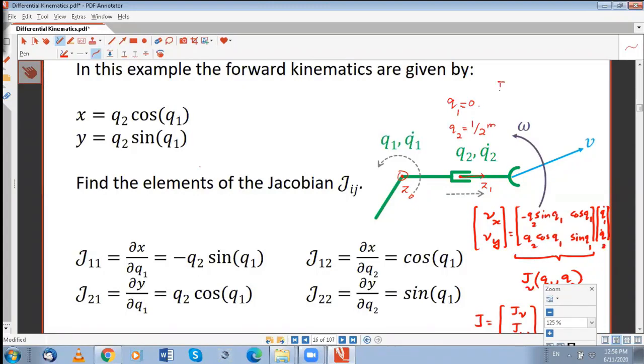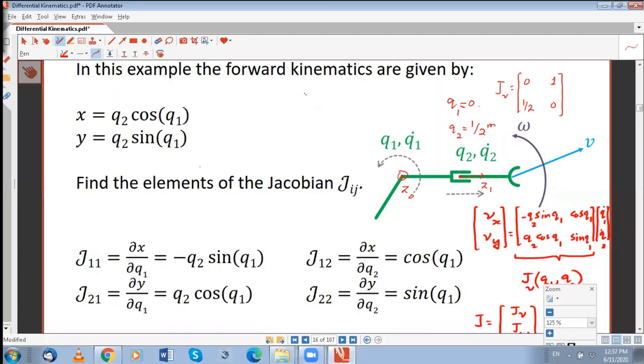So the velocity part of the Jacobian will be minus q2 sine of q1, so sine of 0 is 0, cos of q1 will be 1, and q2 cos of q1. Cos of q1 is 1, and q2 is half, so it is 1 over 2, and sine of q1 is 0. So we get this Jacobian matrix.